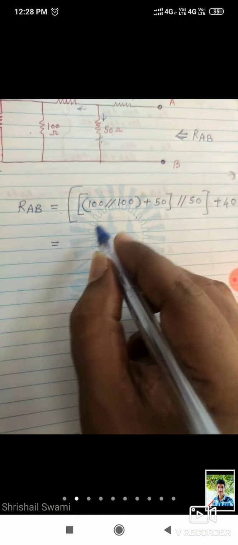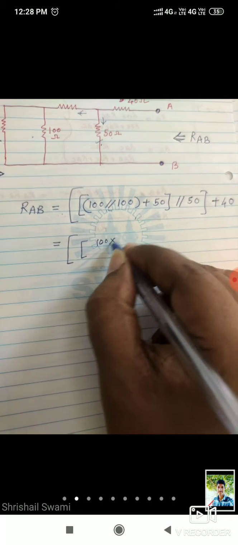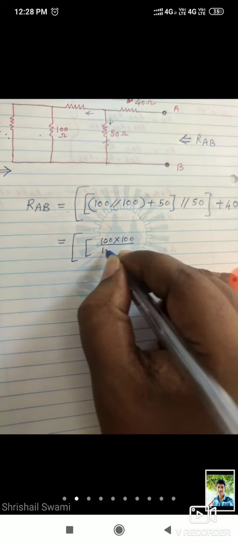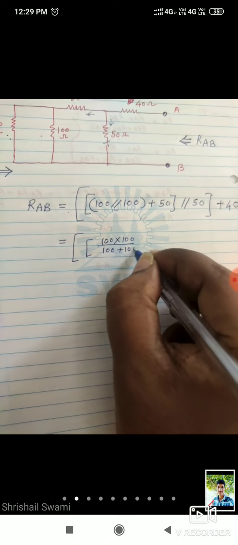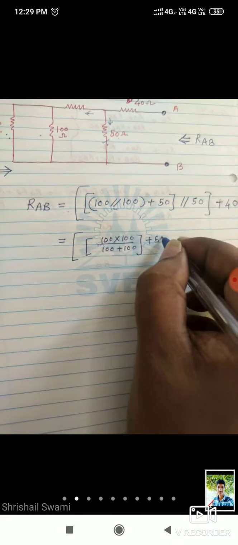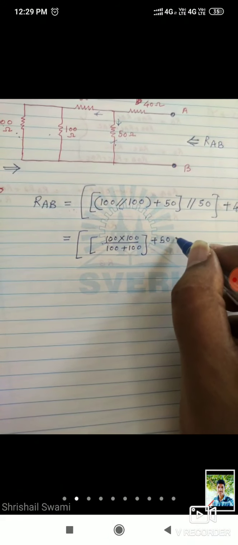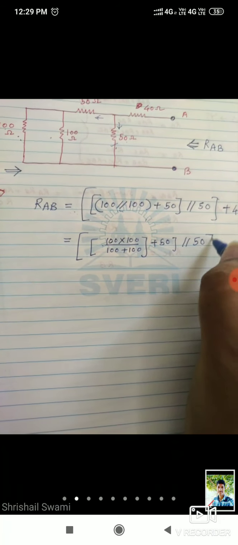So first of all we will solve this bracket. So 100 is in parallel with 100, that is 100 into 100 divided by 100 plus 100. This is plus 50 as it is, that is parallel with 50, plus 40 as it is.